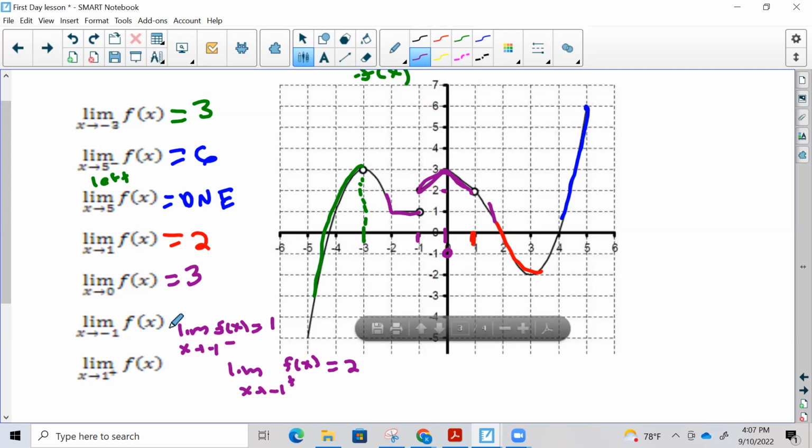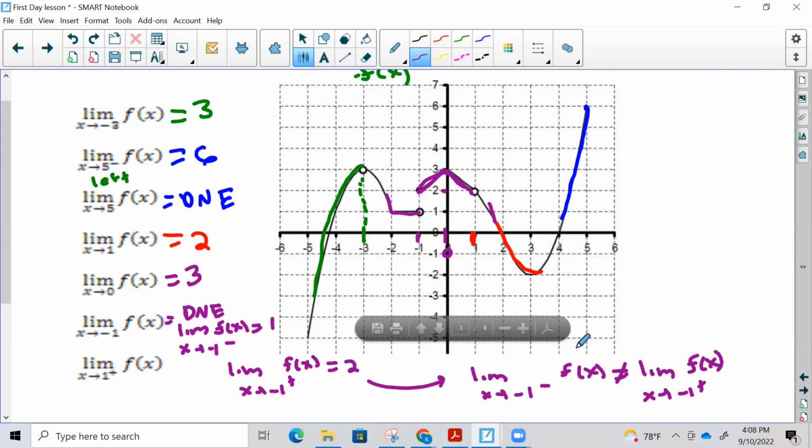So again, for this limit, we would say does not exist, because if I wanted to write the reason over here, I'd say the limit as x approaches -1 from the left of f of x doesn't equal the limit as x approaches -1 from the right of f of x. And you need to put f of x. You always have to put the function. Students love to leave that out, but you always should put the function there.